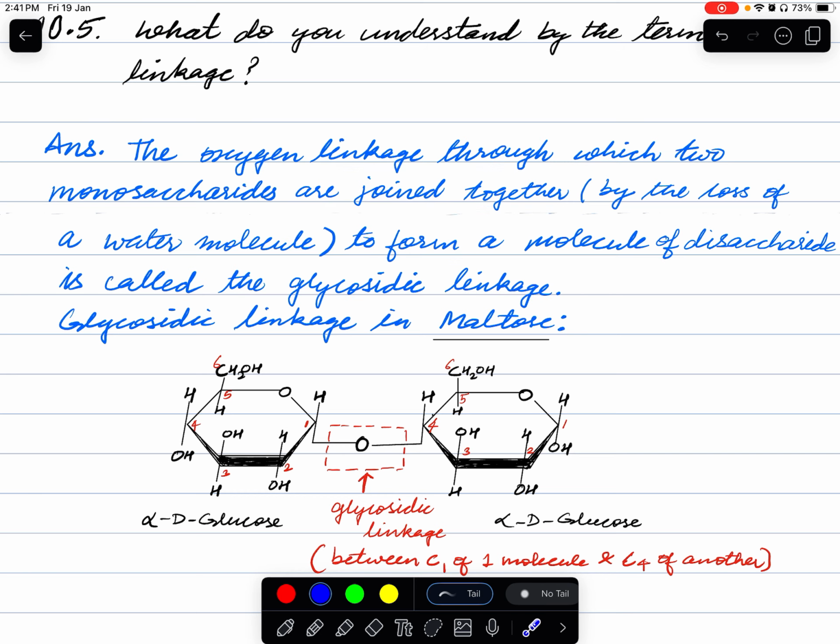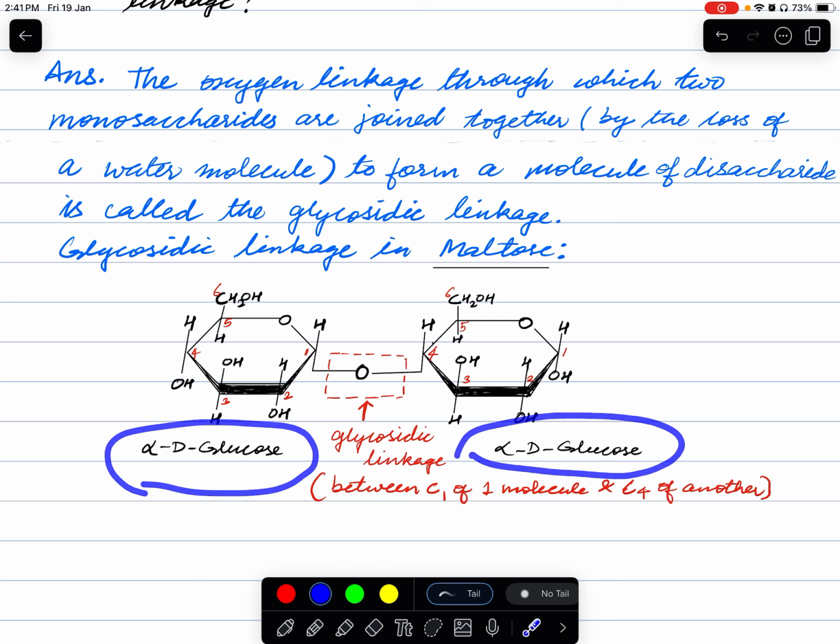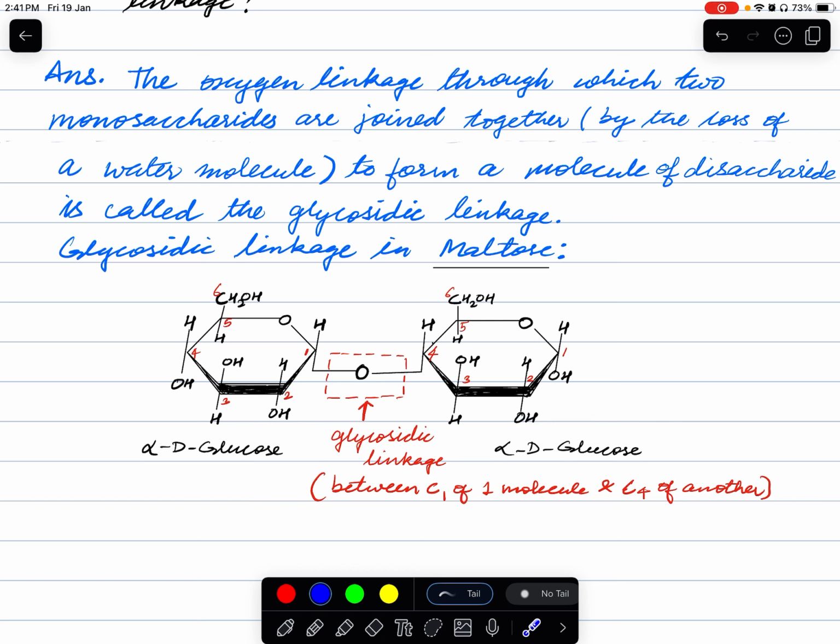Here I have shown you a molecule of maltose, which is a disaccharide, and it is made up of 2 alpha-D-glucose units. These 2 alpha-D-glucose units are connected by an oxygen bond between the first carbon and the fourth carbon of the first and second molecule respectively.